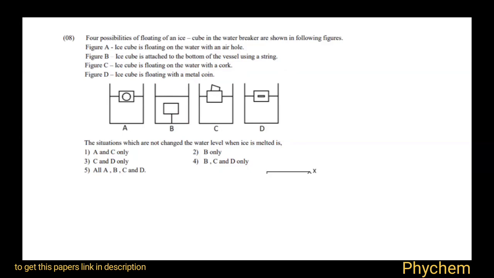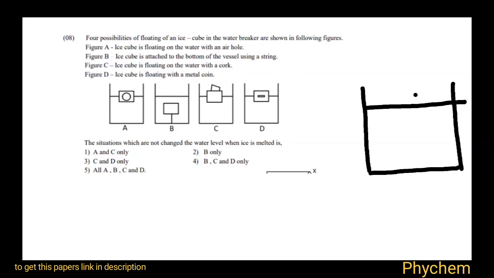So basically, I'm just simply reminding you of Archimedes principle. If there's an object which floats over the liquid, the buoyant force is equal to the weight of the displaced water by this object.